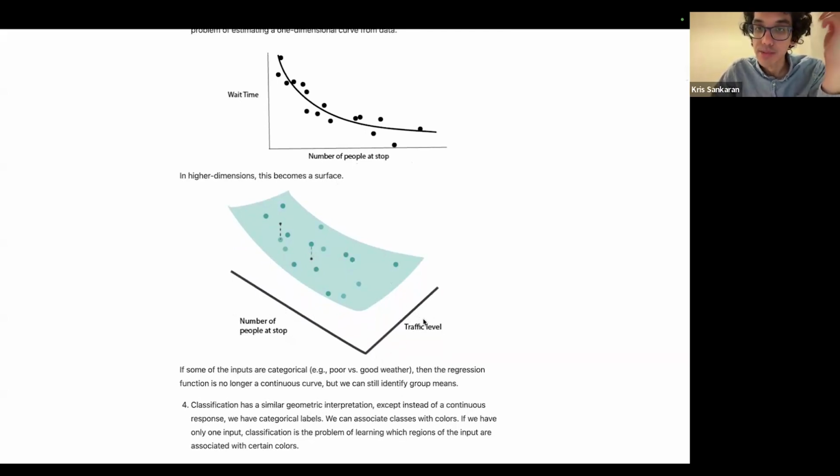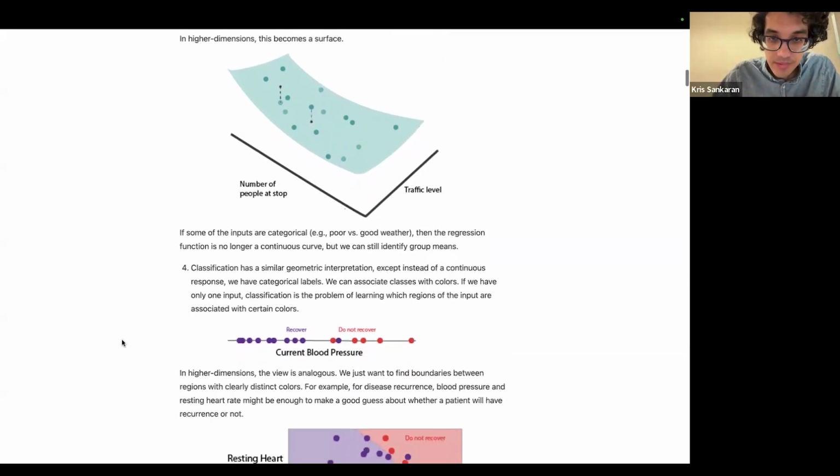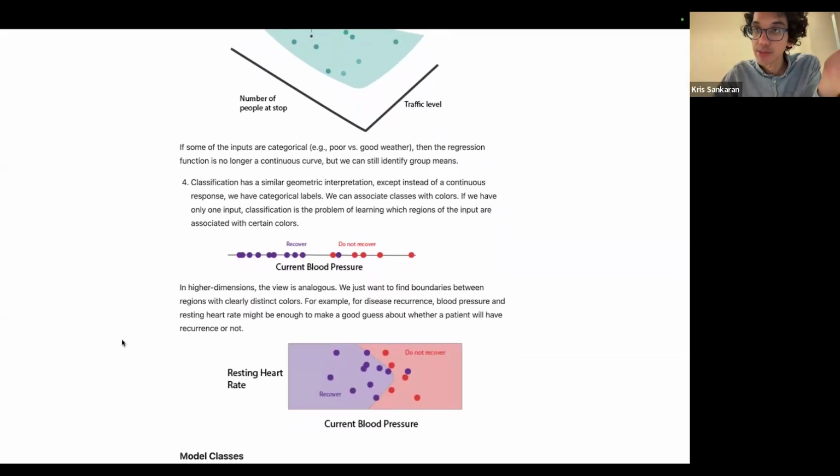Maybe it's telling me whether it's rush hour or not, some new continuous variable. Now I can use all the continuous variables to try to make some sort of prediction. Right? So a 2D surface in 3D instead of just a curve. But you can use the same kind of algorithms. Okay, so that's how I think about regression geometrically.